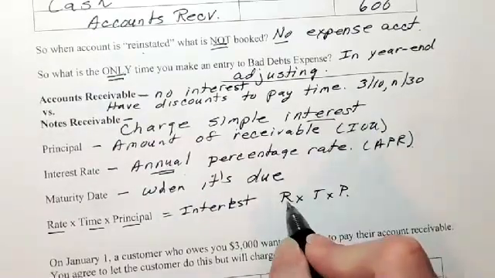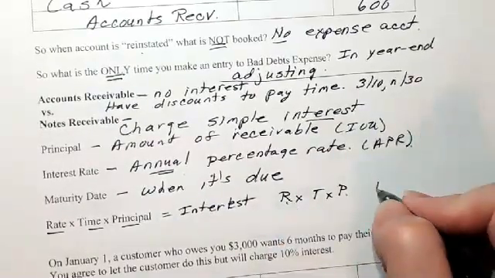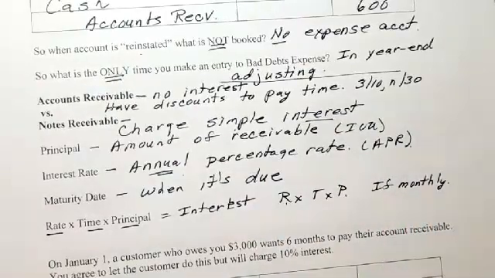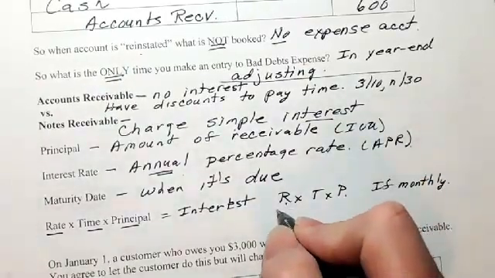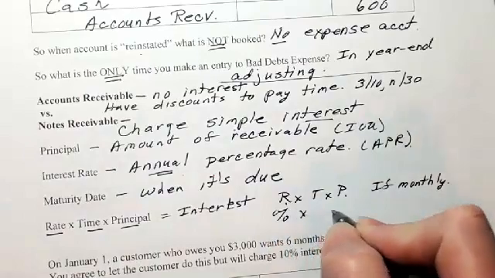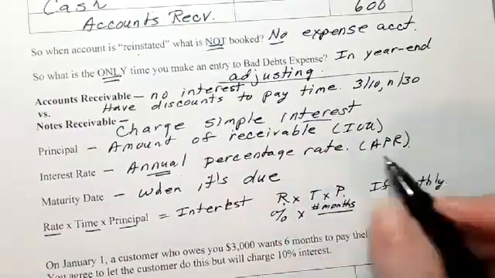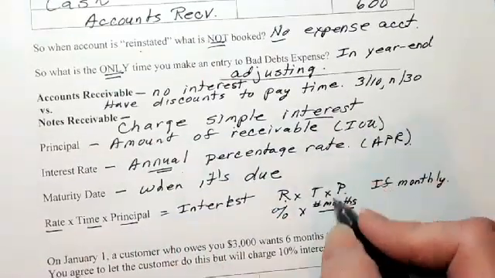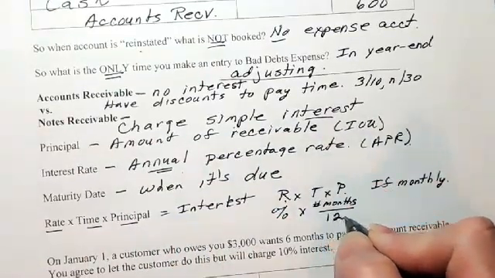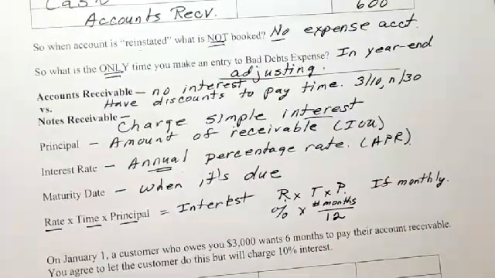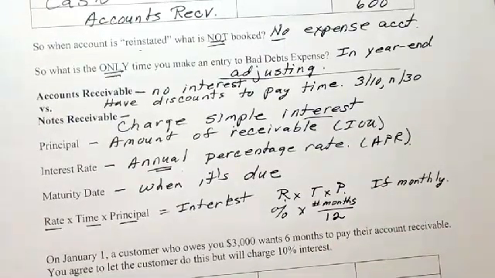Remember that rate is annual. And so if monthly, your rate's going to be a percentage. Your time is going to normally be the number of months until the maturity date over 12, because it's 12 months. And the book, every now and then, they'll do daily ones where it's a 45-day one, and then you divide by 365.